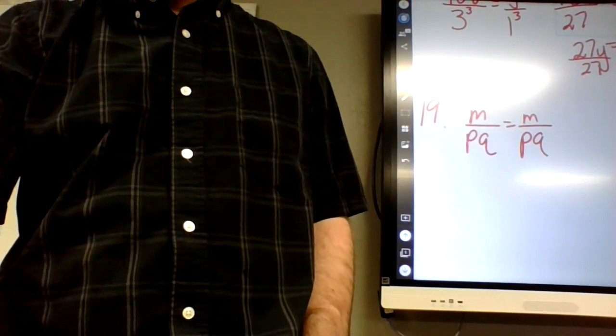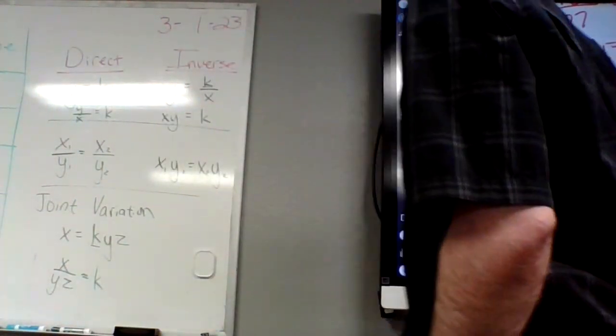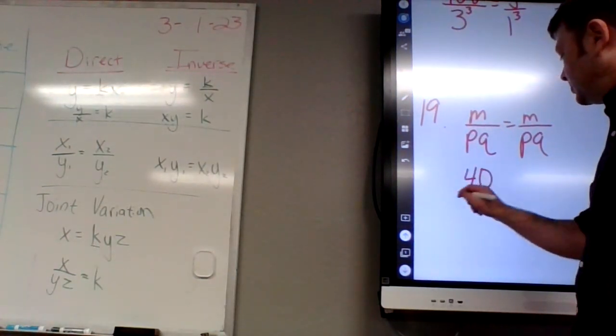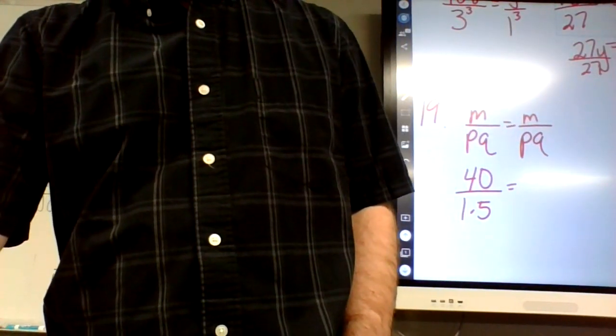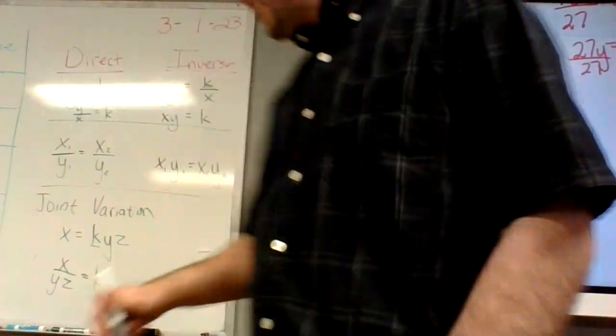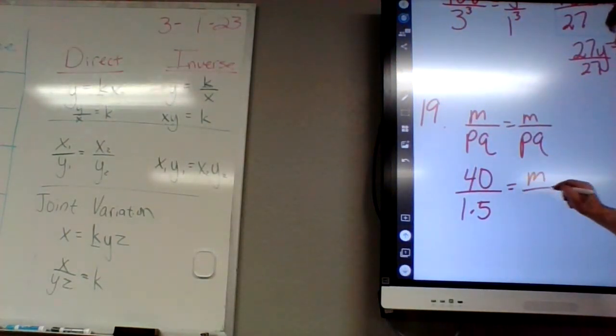Okay, so m is 40, p is 1, q is 5. Find m when p is 4 and q is 2.